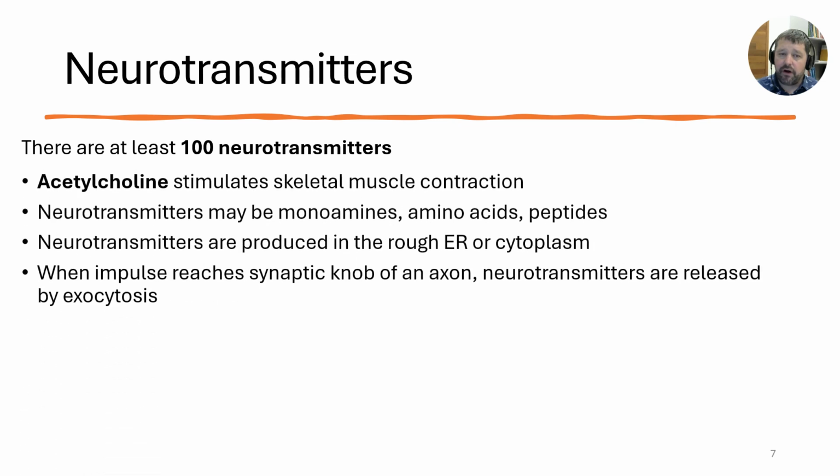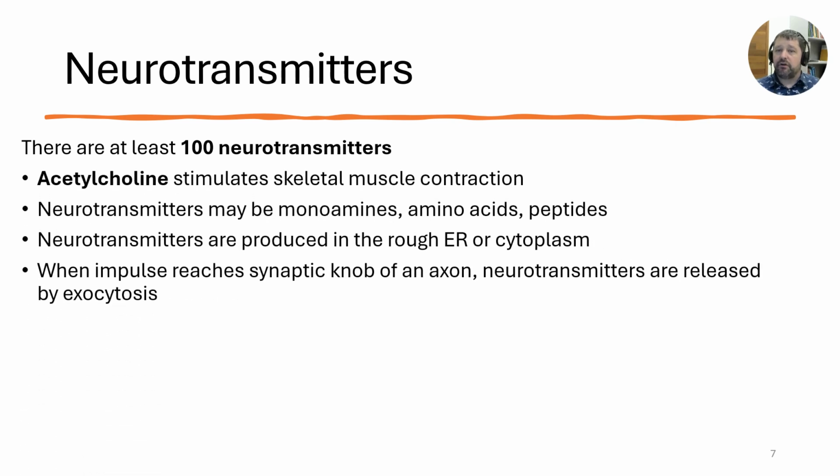But often it's difficult to know what neurotransmitter is being released unless you study that specific neuron. Acetylcholine is a very common neurotransmitter because it's stimulating muscle contraction. We know that there are roughly 600 skeletal muscles, more than that, all of which can be stimulated by acetylcholine.